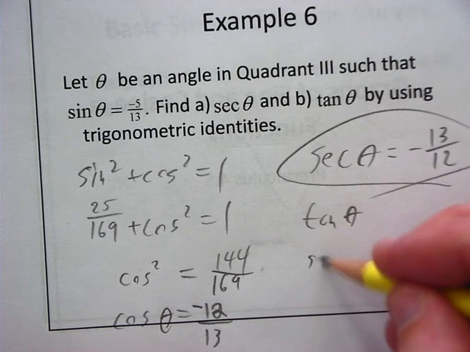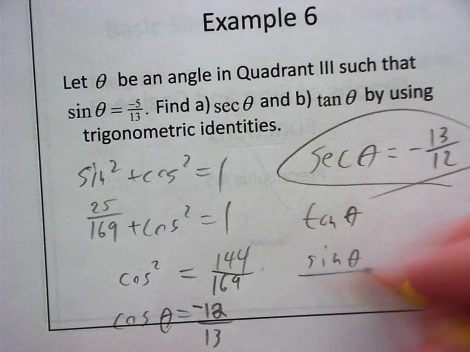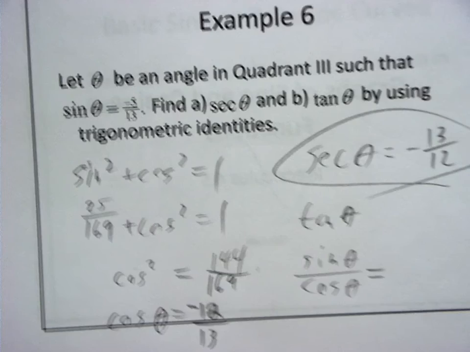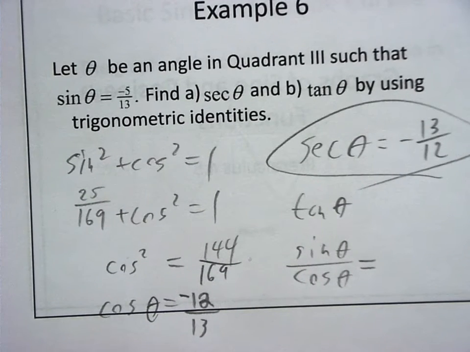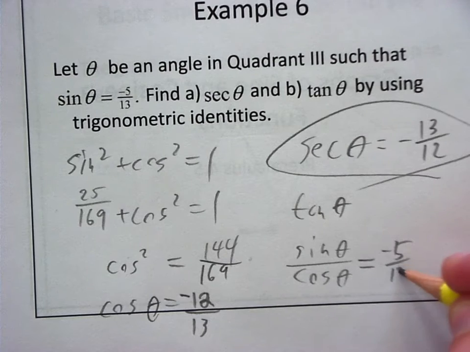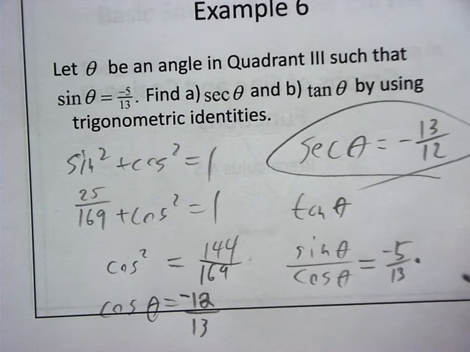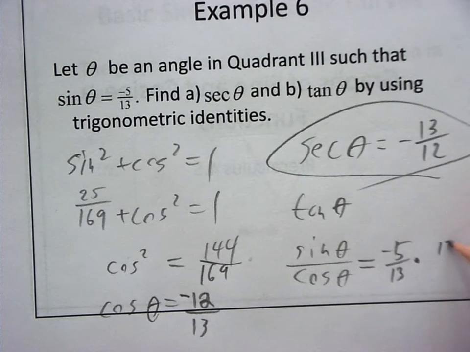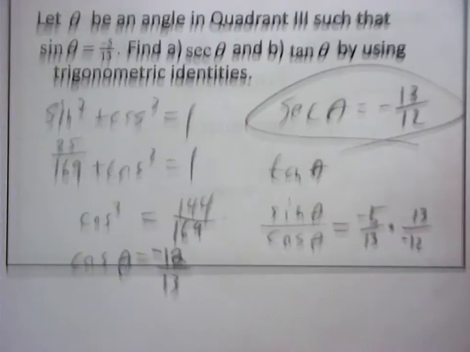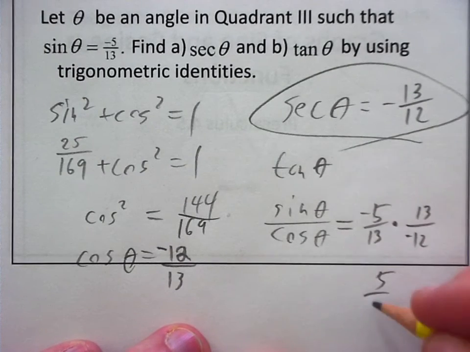Tangent again is sine over cosine. So what would I put first? Negative 5 over 13. Now I want to multiply that times 13 over negative 12. What goes away? The 13's and the negatives, leaving you with 5 over 12.